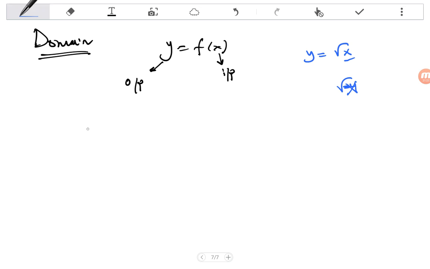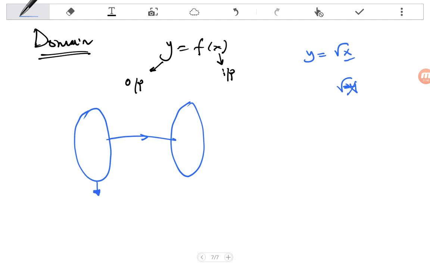So now let's specify some terminology here. We say that f can operate on some known inputs. Some other inputs are not allowed.